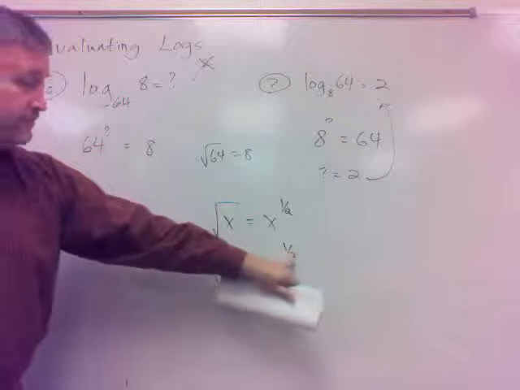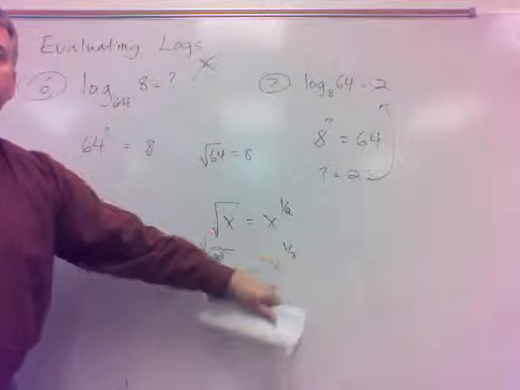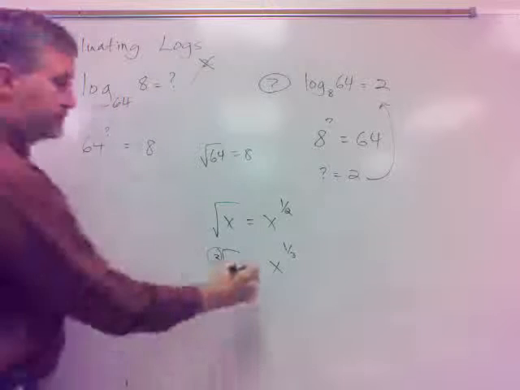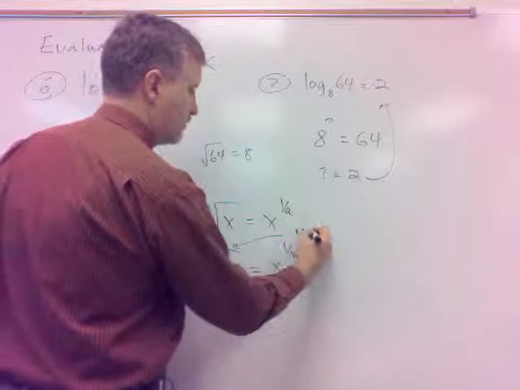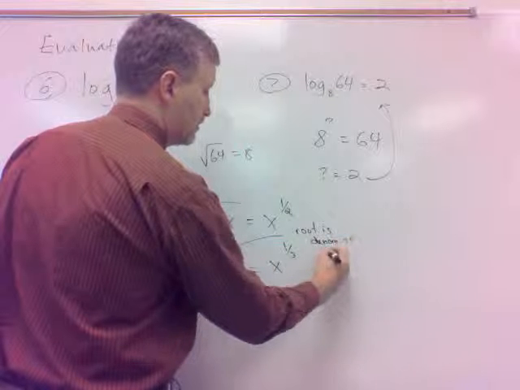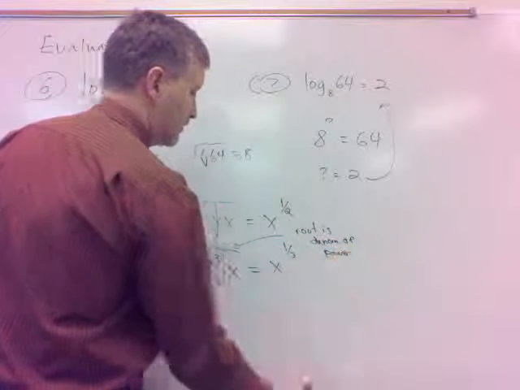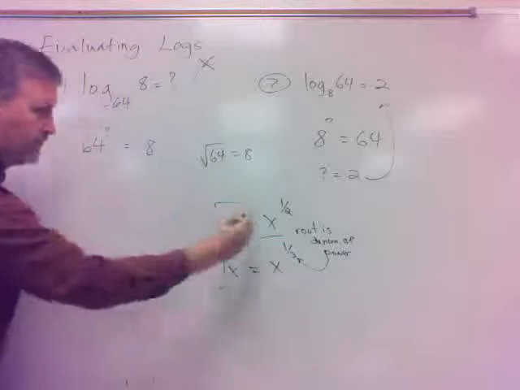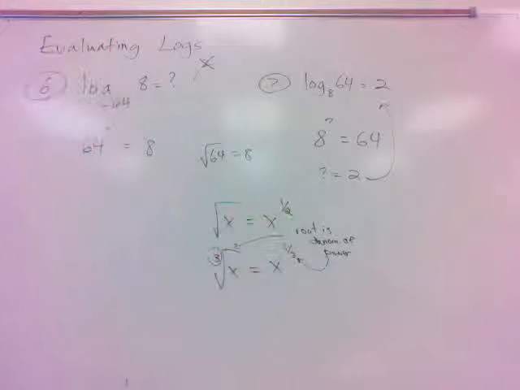Cube root, so the denominator in the power is 3. The root is the denominator of the power. Okay? This one's square root, root 2, so this is 1/2 power.